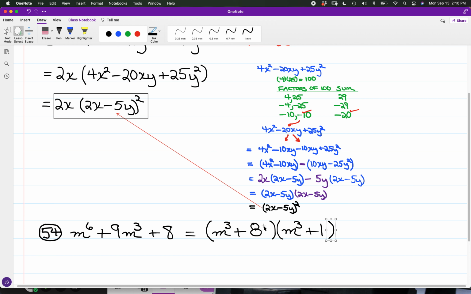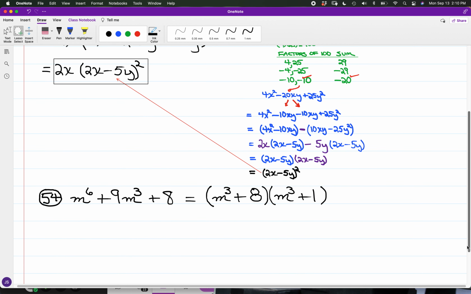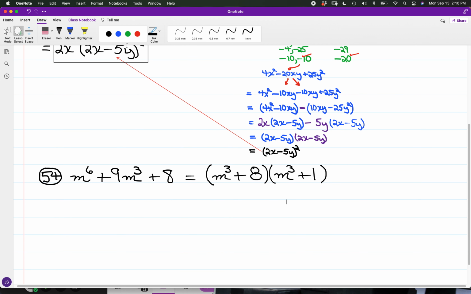Now for here, we have sums of cubes in the expression. I don't think your first test is going to deal directly with the factorization of sums and differences of cubes, but they will in a sense reappear once we get into polynomial division.